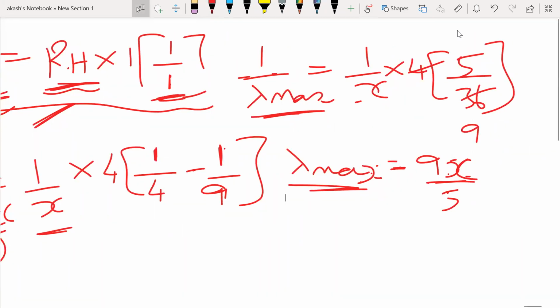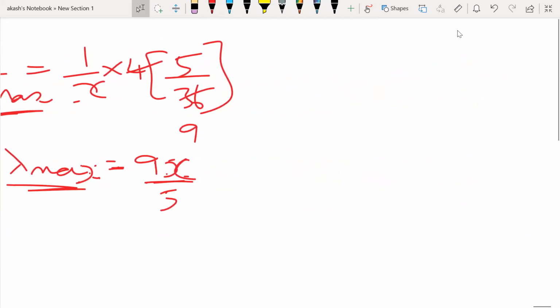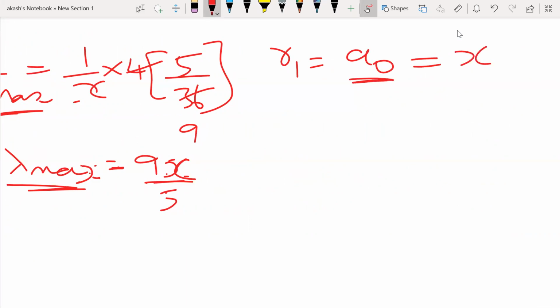Okay. So the question says radius of first Bohr orbit. So R1 is basically a naught n squared by z. This is for hydrogen atom. It is just going to be a naught, and this value is given as x.